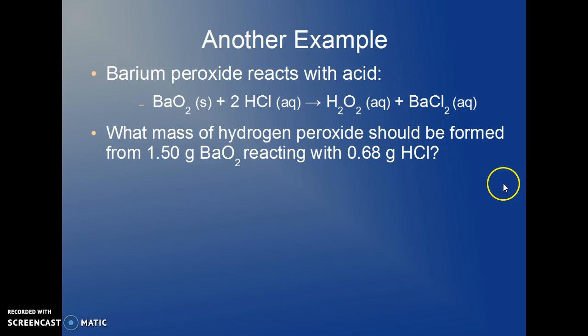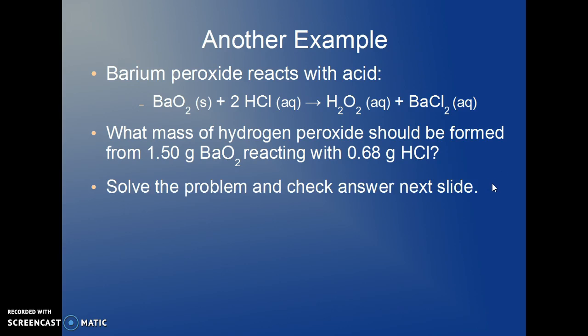So the question is, what mass of hydrogen peroxide should be formed from reacting 1.50 grams of barium peroxide with 0.68 grams of hydrochloric acid? Solve the problem after you turn off the video, and then check the answer on the next slides.